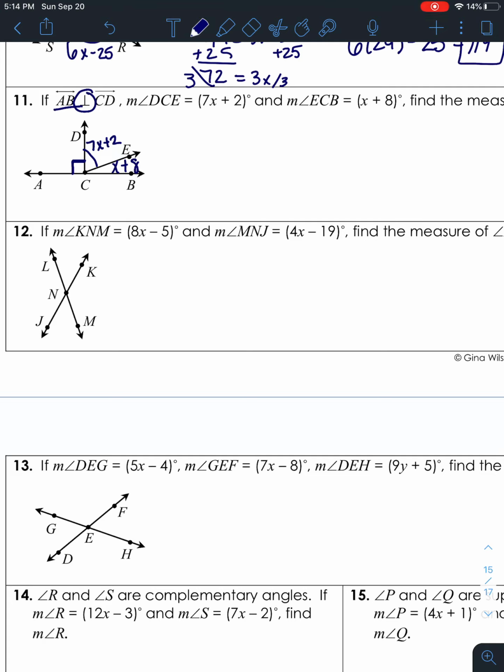Okay, we know ACB is a straight angle, meaning it is 180 degrees. So I'm going to add up all three angles and make them equal to 180. So I'm going to do my first angle, 90, plus my second angle, 7x plus 2, plus my last angle of x plus 8 equals 180.